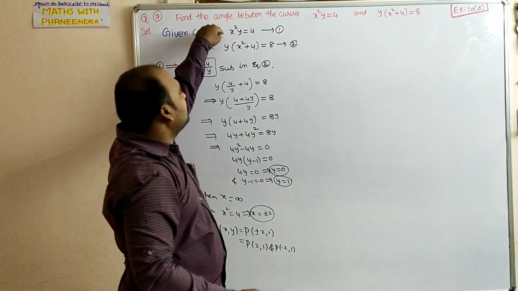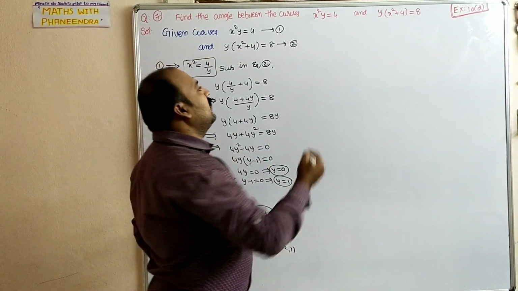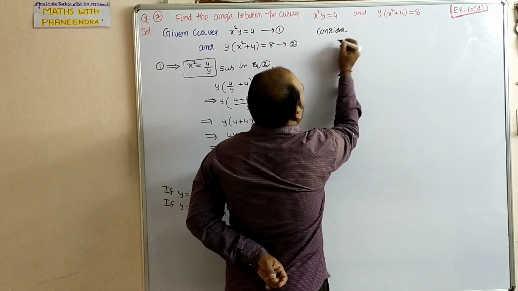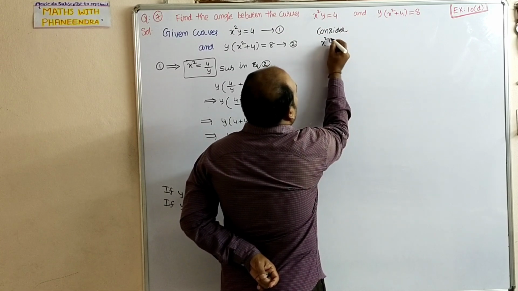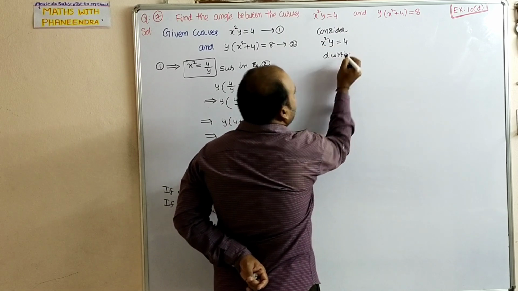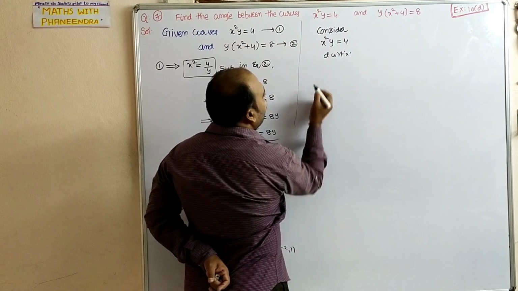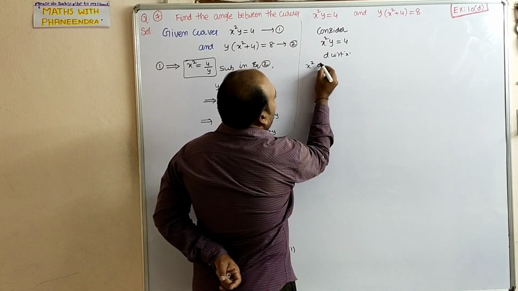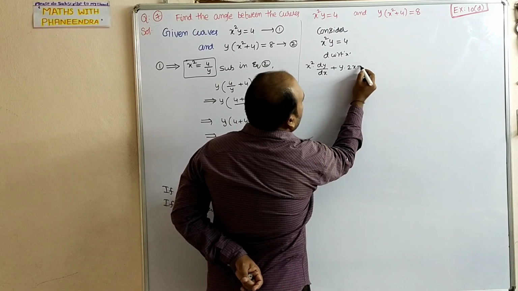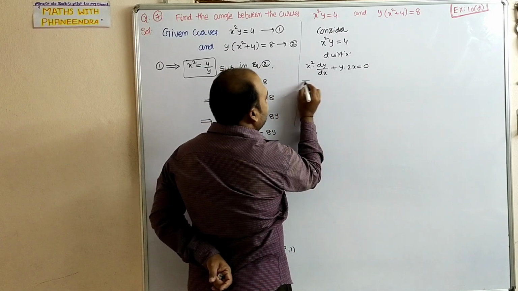So consider the first curve, second curve, their slopes and angle. Consider x square y is equal to 4. Differentiate with respect to x. UV formula. X square into y derivative is dy by dx, plus y into x square derivative is 2x, and constant derivative is 0.